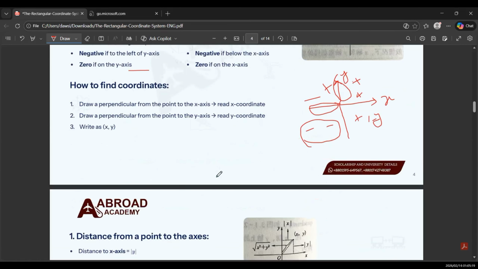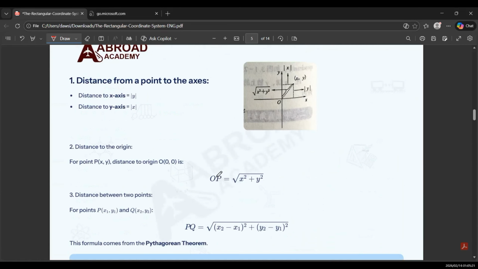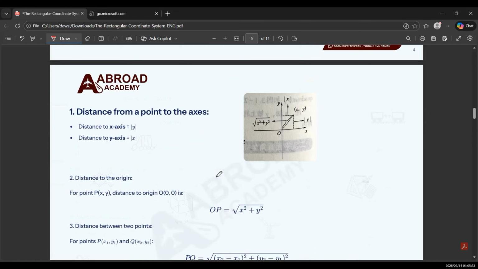So let's move to our next slide. Here's the distance from a point to the axes. Distance to the x-axis is |y|, and distance to the y-axis is |x|. Distance to the origin, for a point P(x, y): the distance from O, or (0, 0), to P is OP, which is the square root of x square plus y square.